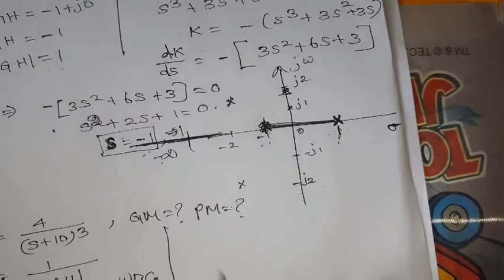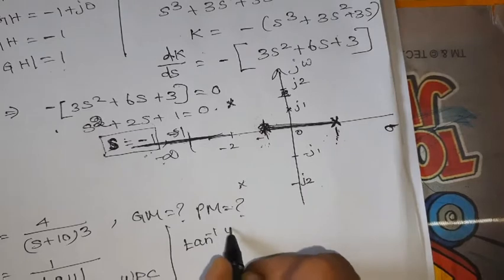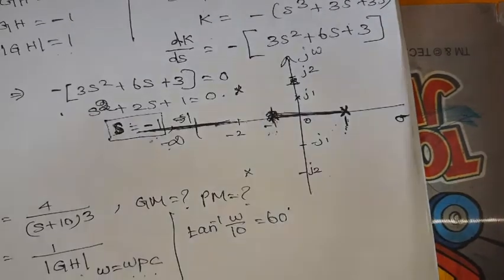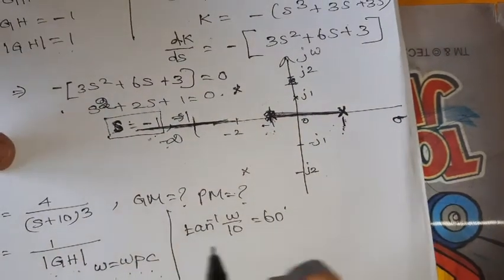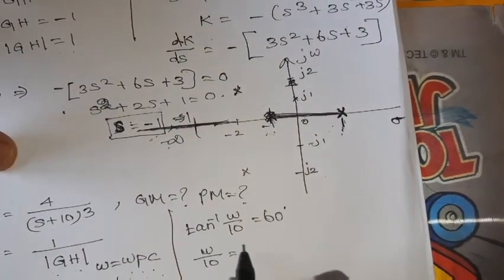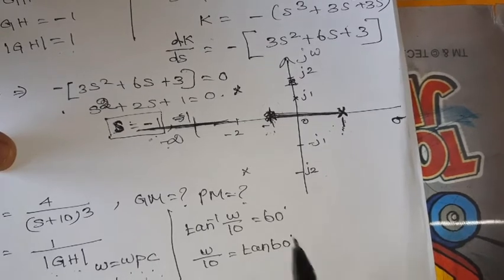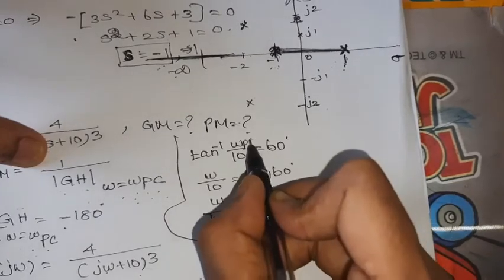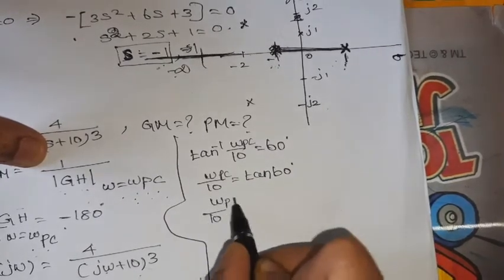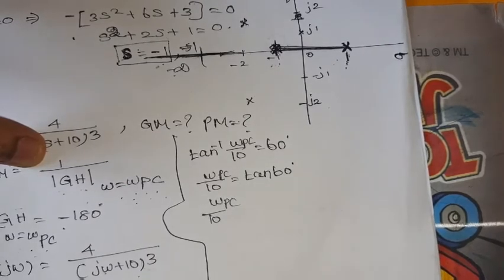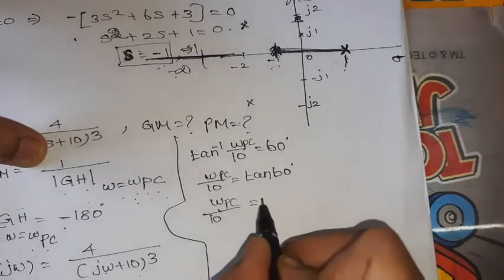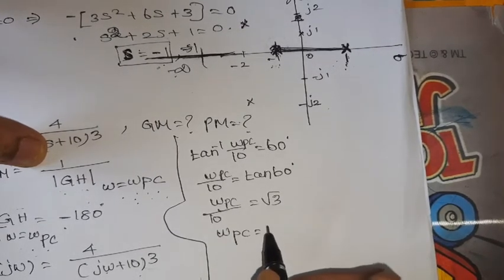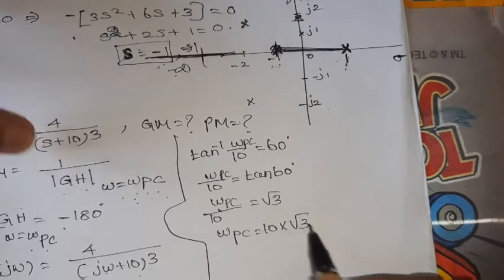Tan inverse of omega by 10 is 60 degrees, so omega by 10 equals tan 60, which is root 3. So at omega equal to omega PC, omega PC by 10 equals root 3, and omega PC equals 10 root 3.